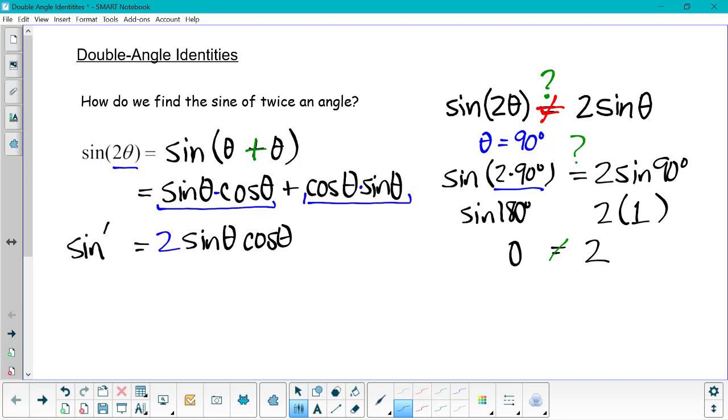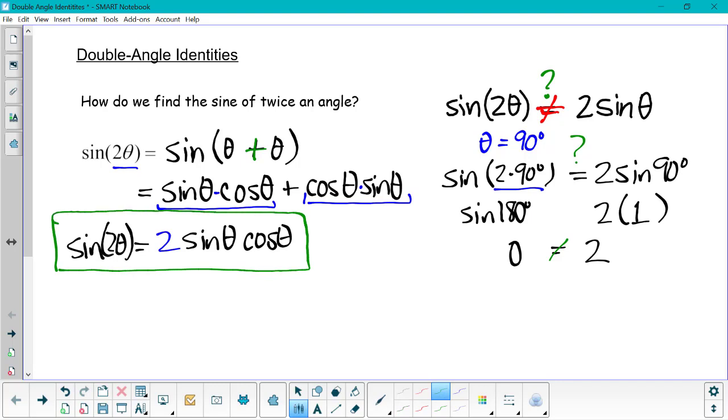So here is my double angle identity for sine. Basically, if we have some angle theta and I want to find the sine of twice that angle, I can simply find that by taking 2 times the sine times the cosine of the original angle.